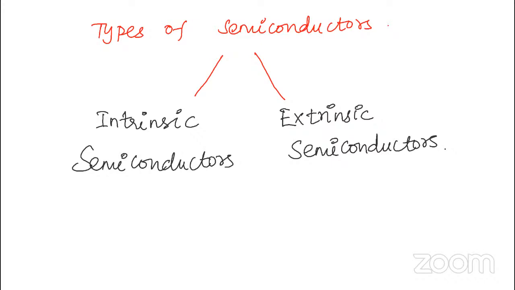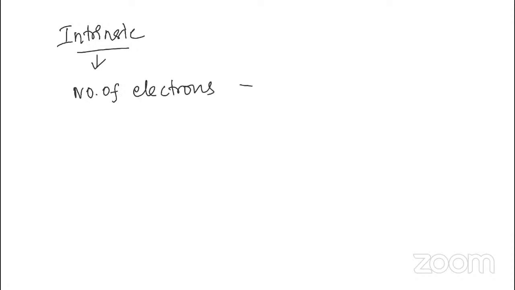So let us go for the first one, intrinsic. What is the speciality in this intrinsic? The number of electrons and holes will be equal. Number of electrons is equal to the number of holes.